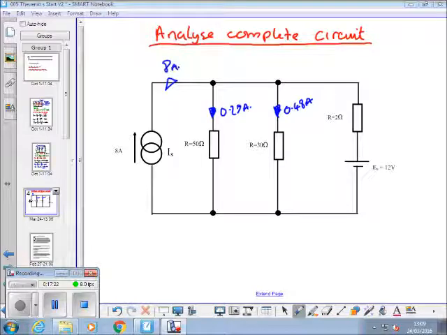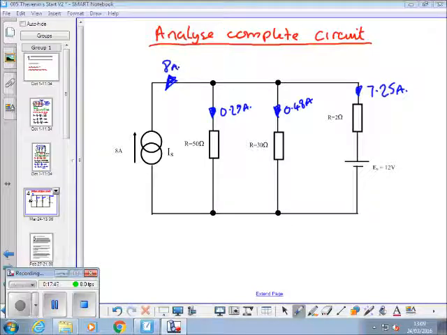And I2A was 7.25 amps. Yeah. And then in green we had no current through the source.